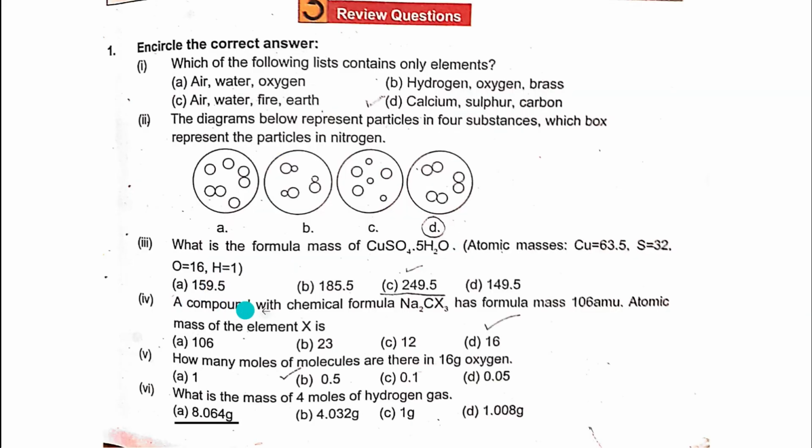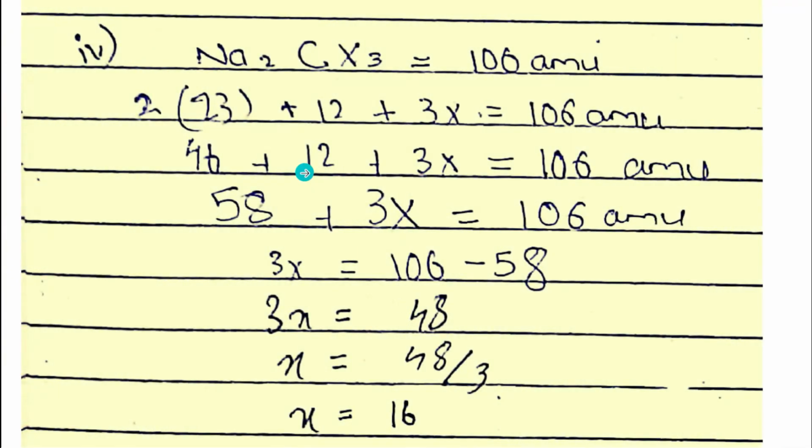Now, a compound with chemical formula Na2CX3 has a formula mass of 106 AMU. The atomic mass of the element X is? Over here, it is given that Na2CX3 is equal to 106 AMU. First of all, we put the masses of the elements.